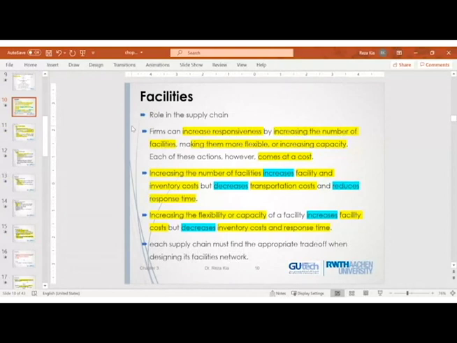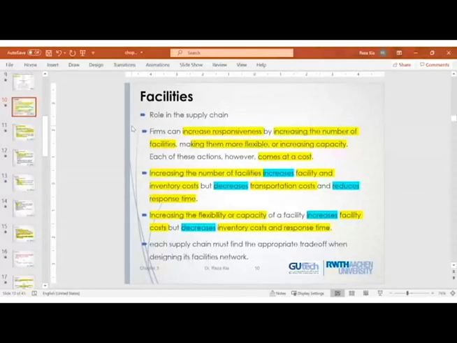So any of these options, increasing the number of production plants, increasing the capacity of a plant, defining some overtime, or hiring some more employees in your production system, all will increase your responsiveness, because then you can provide more product for the customer with a higher range and with a higher variety.